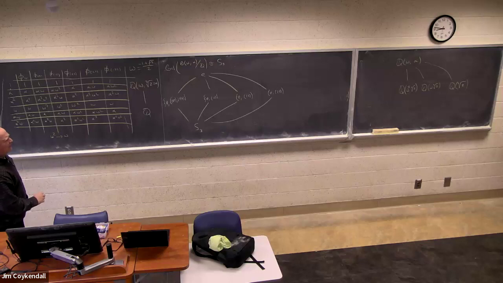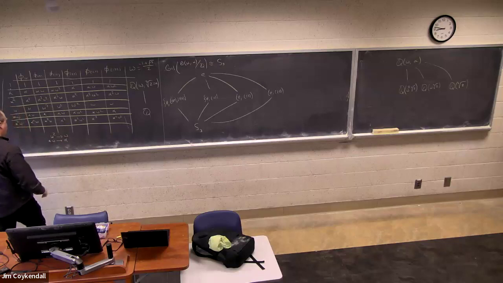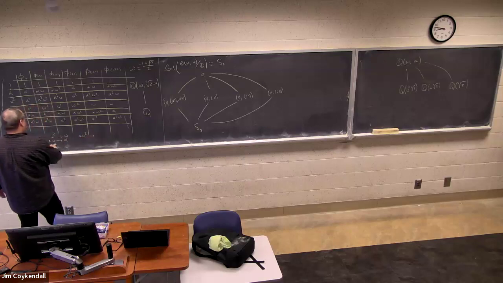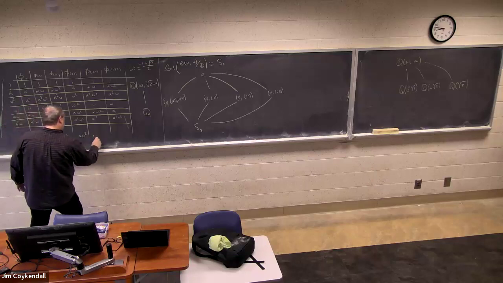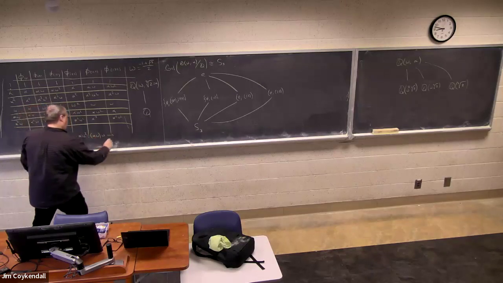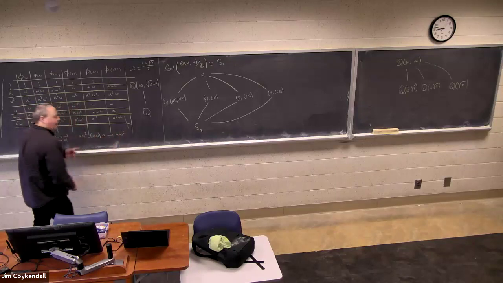And I'm going to look at alpha squared omega, or alpha omega squared. Alpha omega goes to alpha, and so alpha omega squared, which is alpha omega times omega, goes to alpha, and omega goes to omega squared. So that's fixed.